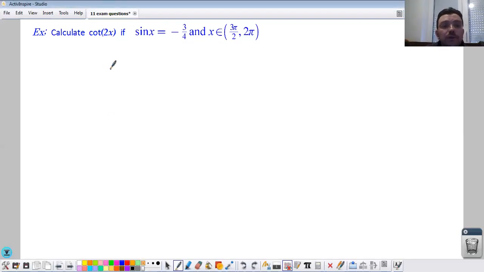Hi everyone, now we will solve a question about the double angle formula.